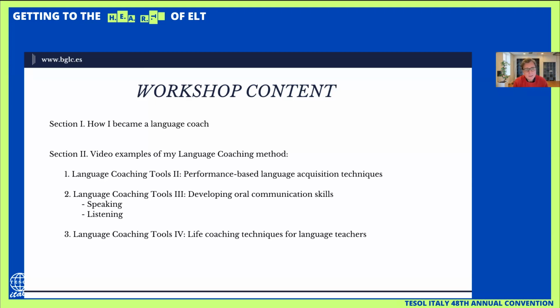And is there going to be a virtual teacher instead of a human teacher before very long? To my mind, coaching tools and techniques are what will prevent that from happening, because by introducing the coaching element into our teaching, I think we become irreplaceable. And maybe we'll talk about that a bit more later.